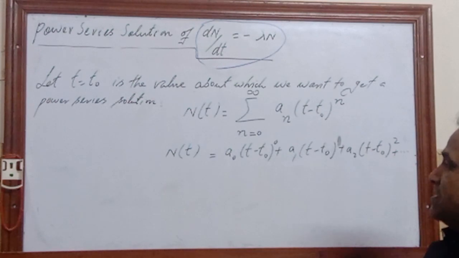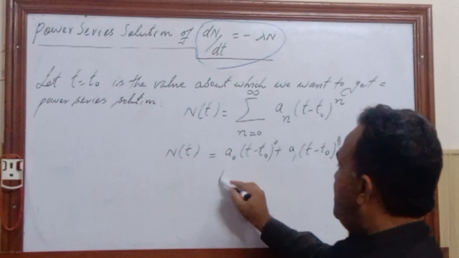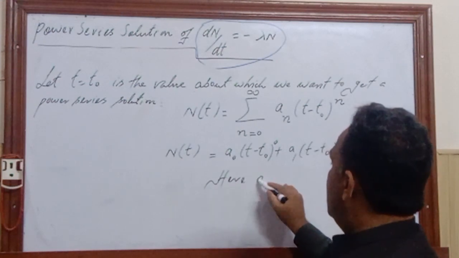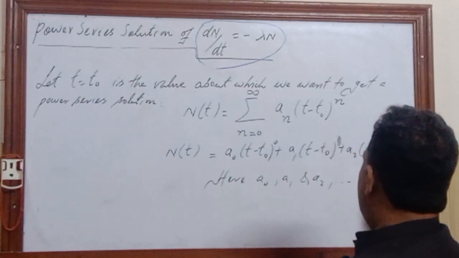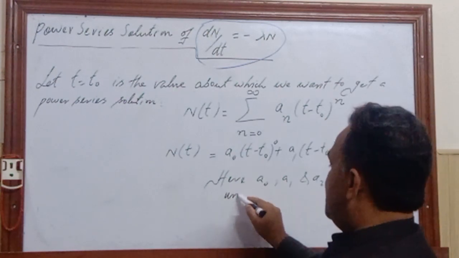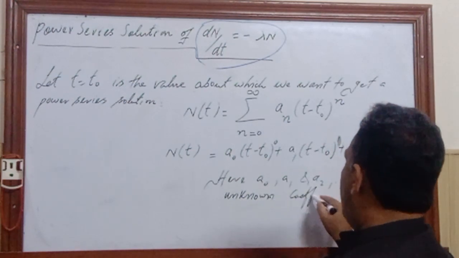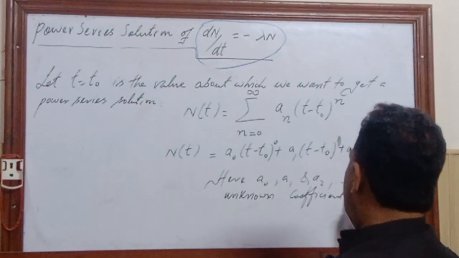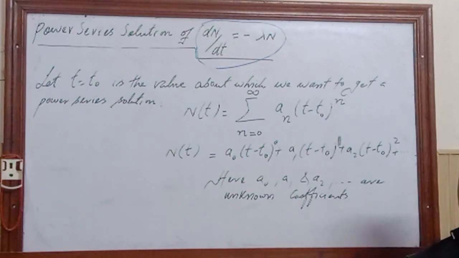So the question here is about finding the values of a naught, a1, a2, and so on. Here a naught, a1, a2 and so on are unknown coefficients. These coefficients can be found by applying certain conditions upon the power series.